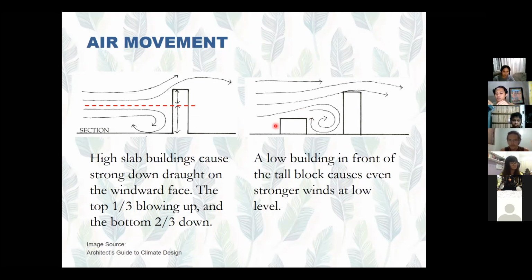Thus, if you have spaces here, and spaces at this portion of the building, maganda yung airflow. Okay? It's like you're creating kumbaga, canyon of buildings na malakas yung hangin. It's like, parang stream mo yung hangin. Okay?